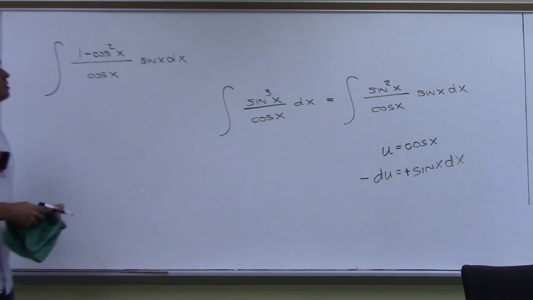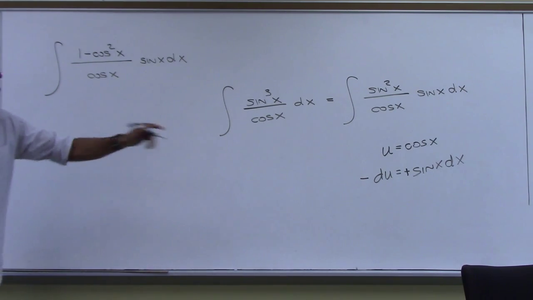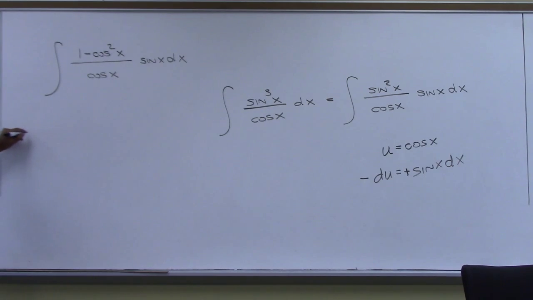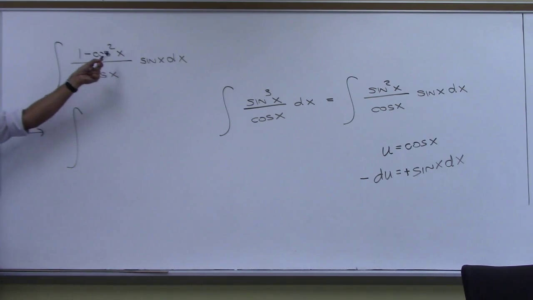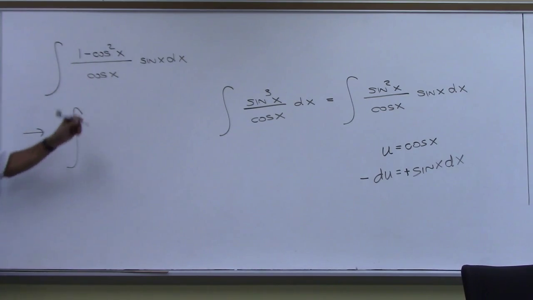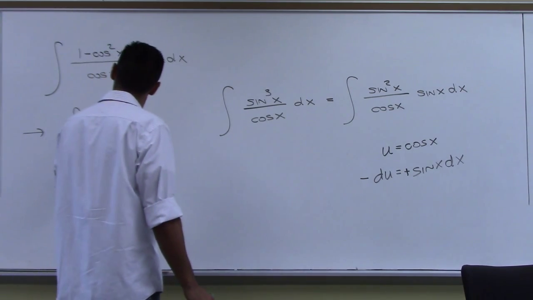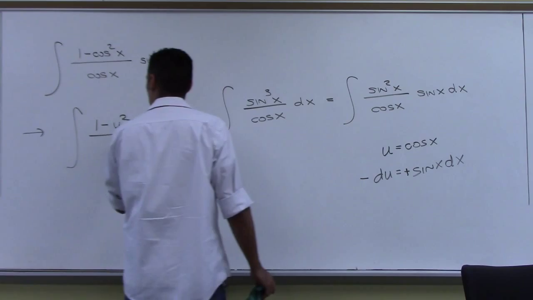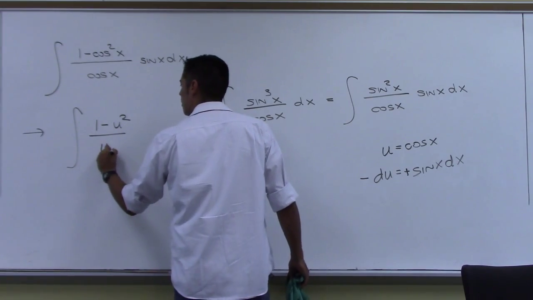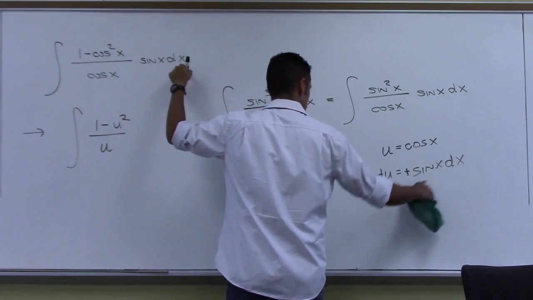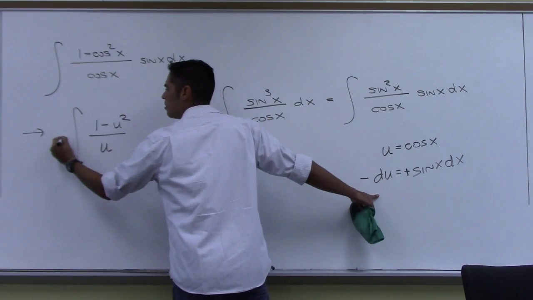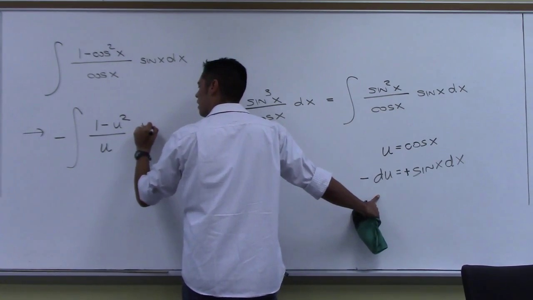Then at this point, making the substitution, 1 minus cosine squared turns into 1 minus u squared, cosine on the bottom turns into u, and sine x dx turns into negative du. So how about the minus out here and the du right there?